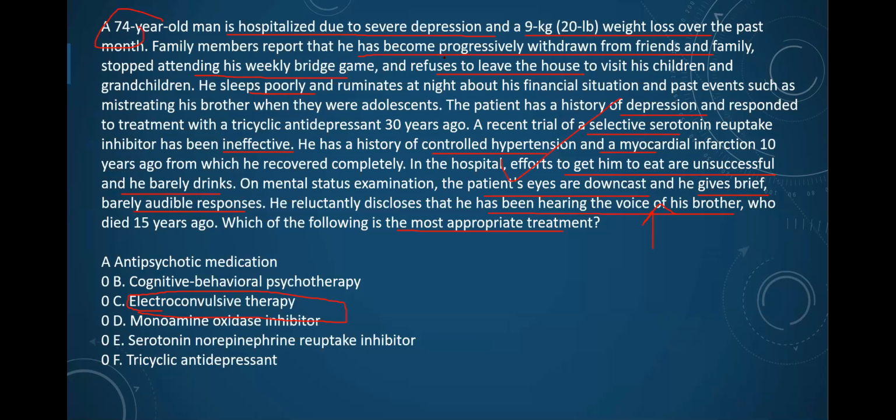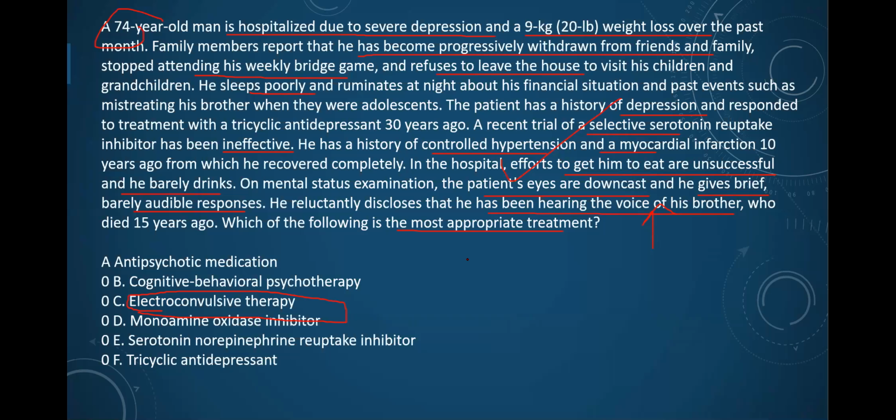Now, next question. If you want to give ECT to a patient, whose consent will be needed? Can you give a patient ECT without their consent?